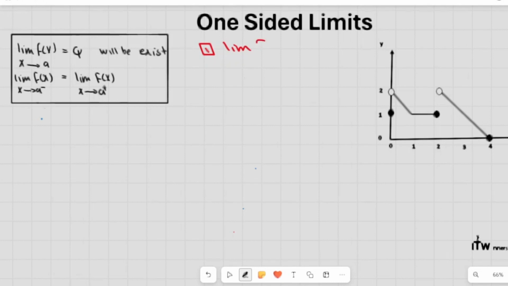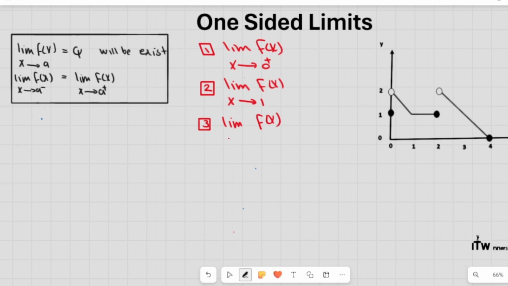Okay, another example for the drawn function, asked to find here limit f of x when x approaches 0 positive, limit f of x when x approaches 1, and limit f of x when x approaches 2. Okay, so let's define this function as intervals.